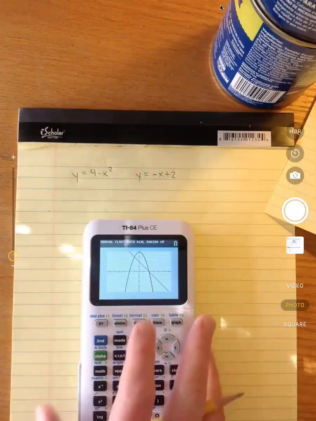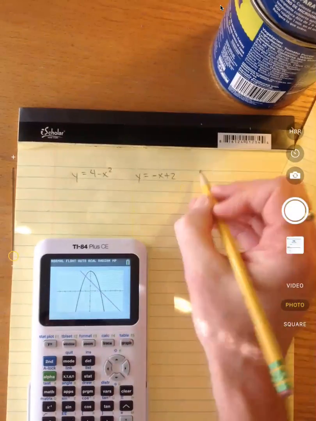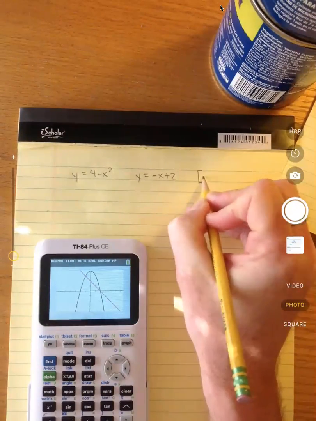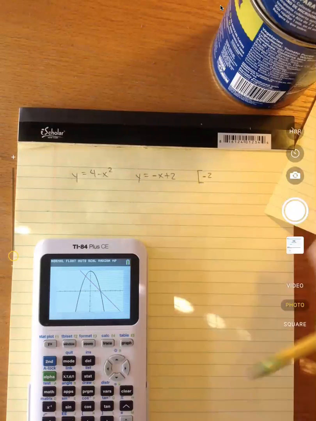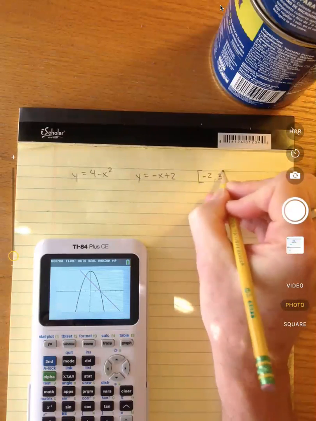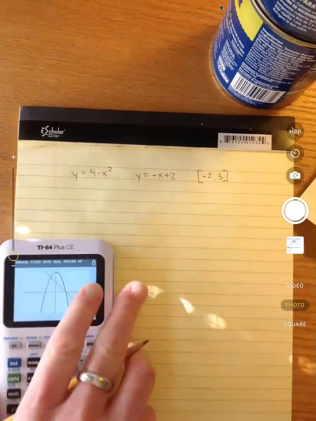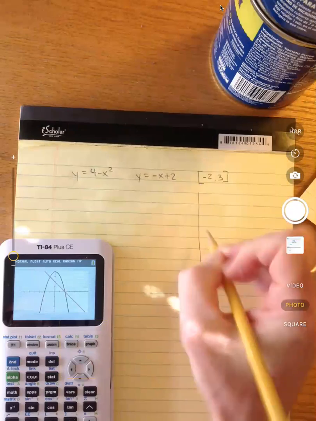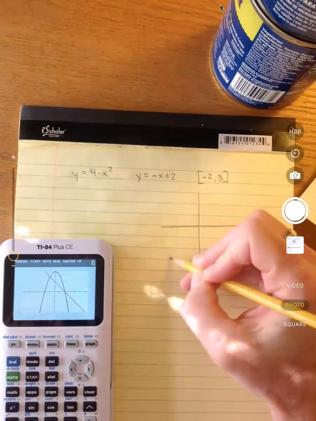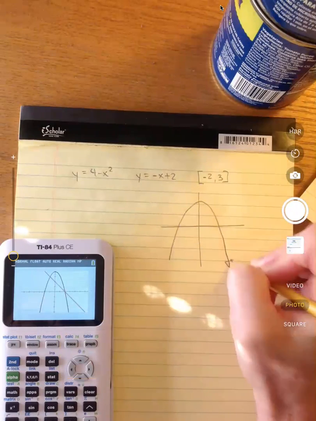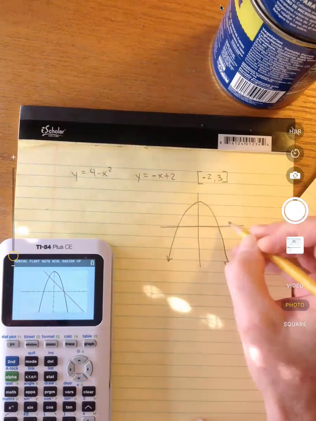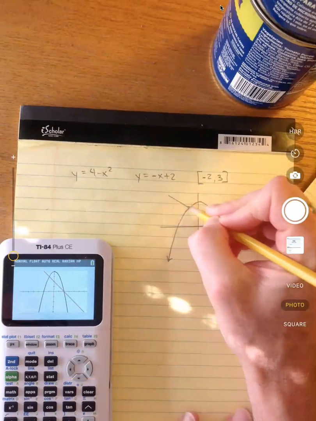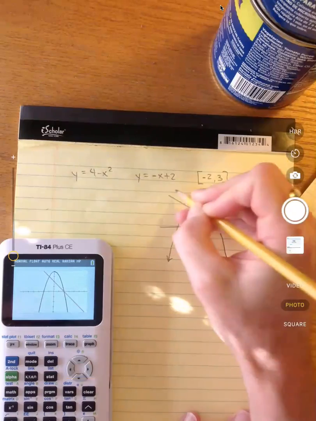Oh, I forgot that this particular problem wanted to find the area between -2 and 3. I forgot that there was an extra added step here. So what's happening for this problem? I've got my quadratic, and I've got my linear coming through.